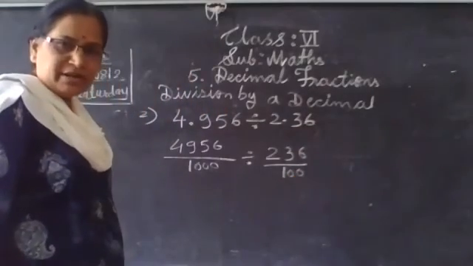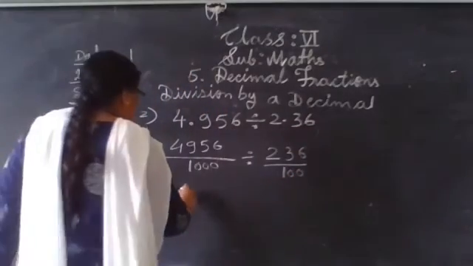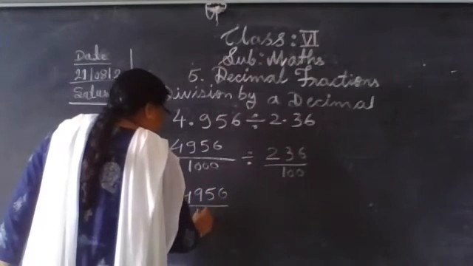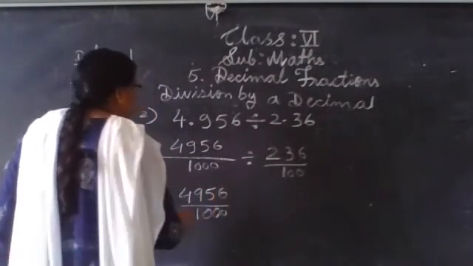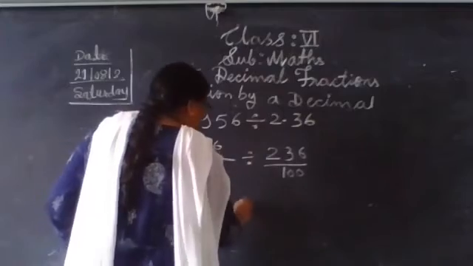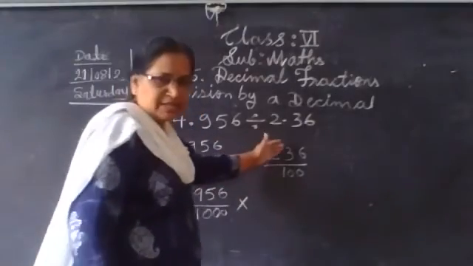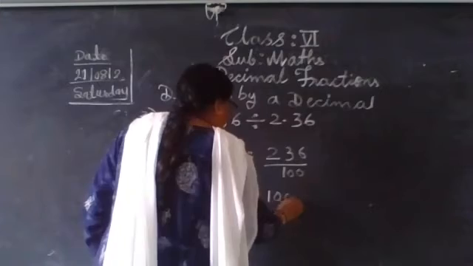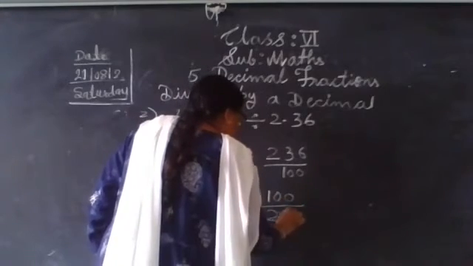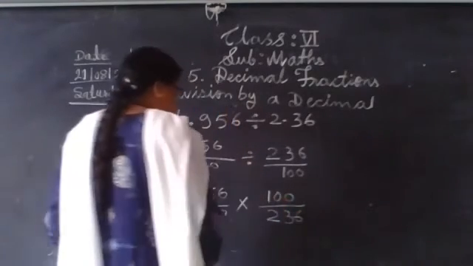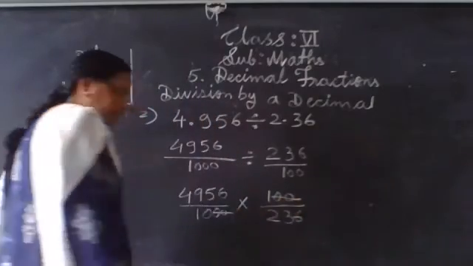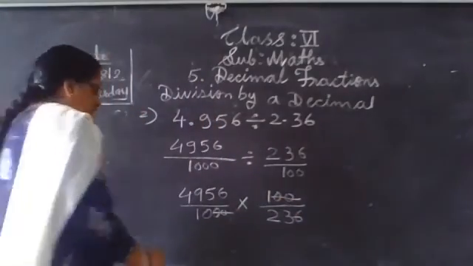That means what? Divided by 100. Now we will convert 4956 upon 1000, convert this division sign into multiplication and we will take the reciprocal of this fraction, that is 100 upon 236. This 100 and this 100 will cancel.